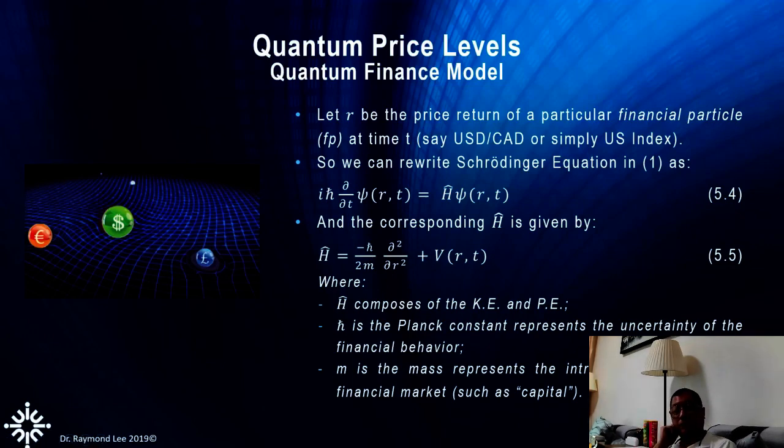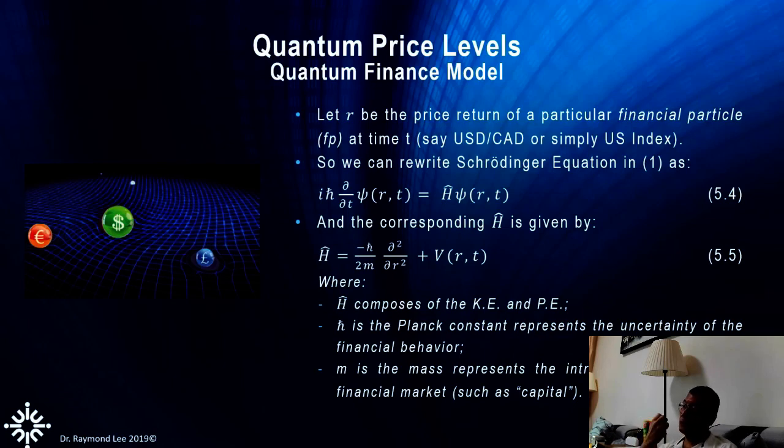In terms of finance, we have some analogies. The analog of the Planck constant, okay, under many theories, we believe it can represent the uncertainty of market behavior. And for the mass, the one-to-one correspondence is that it should be related to the financial market capital, right?